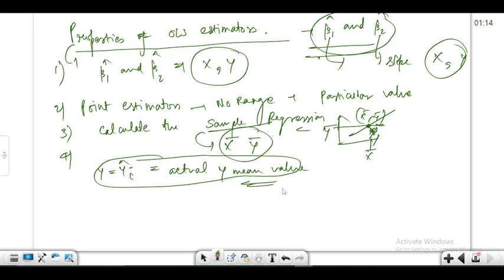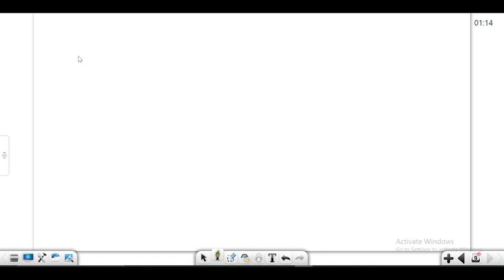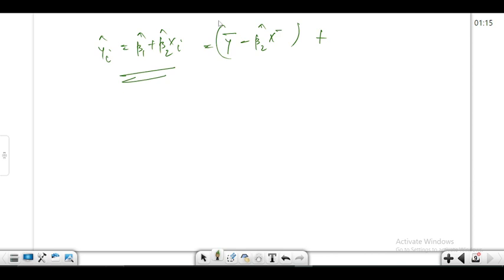Okay, so what this actually means is, my yi hat is equal to beta 1 hat plus beta 2 hat xi, which is equal to y bar minus beta 2 hat x bar, because my regression line is passing through these values. So y bar and x bar are a point which will satisfy this equation, and I can use this in the equation itself.